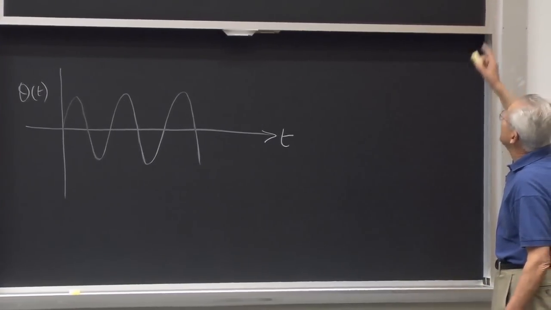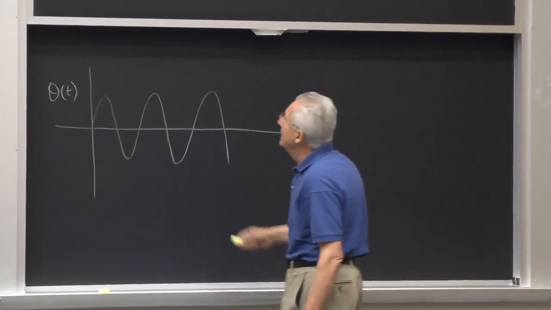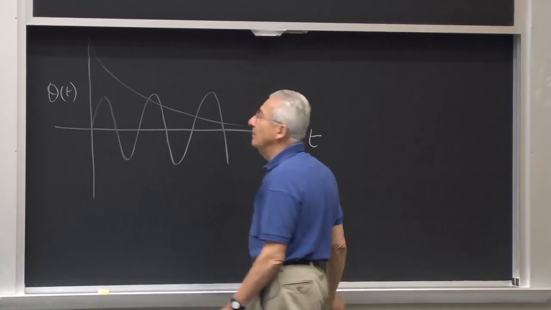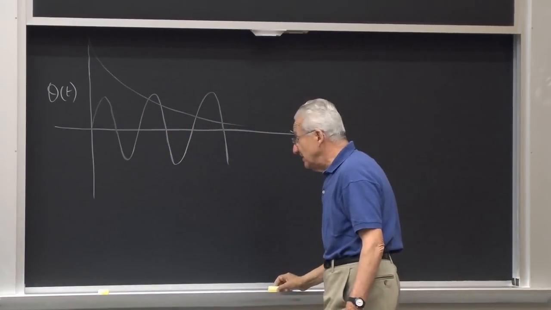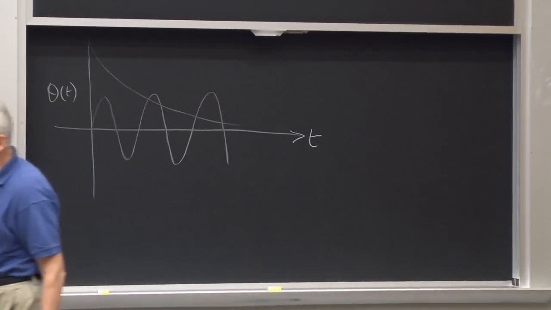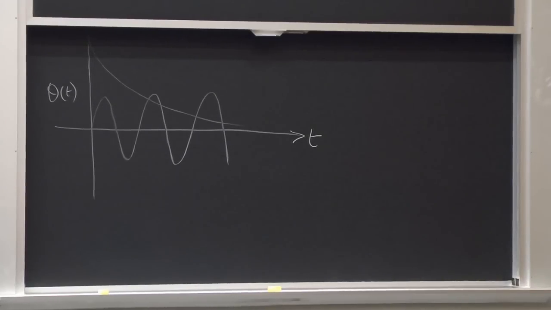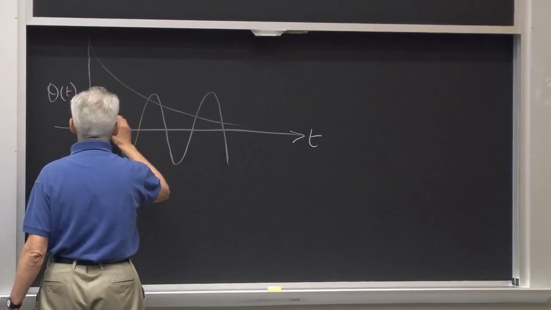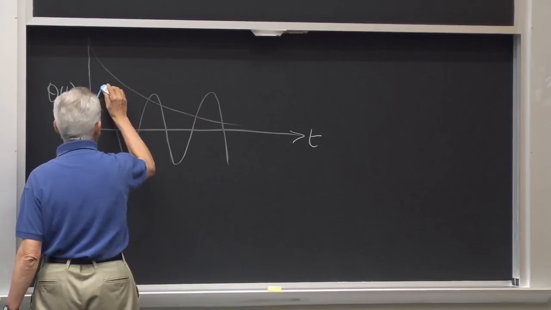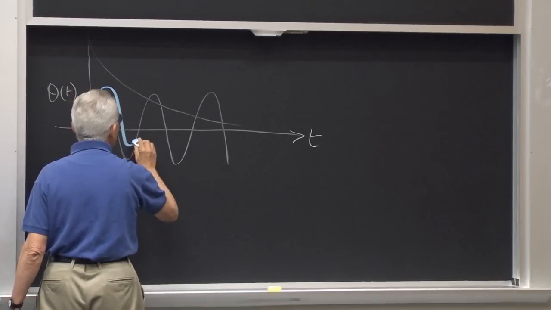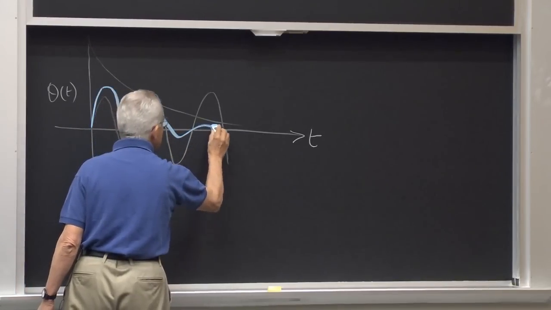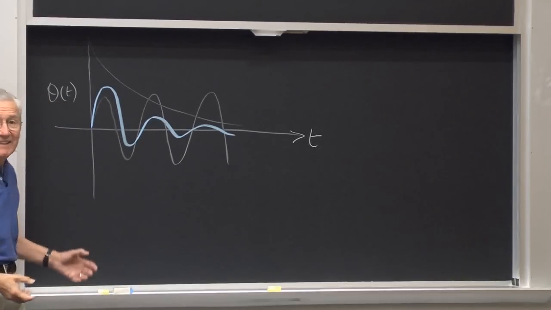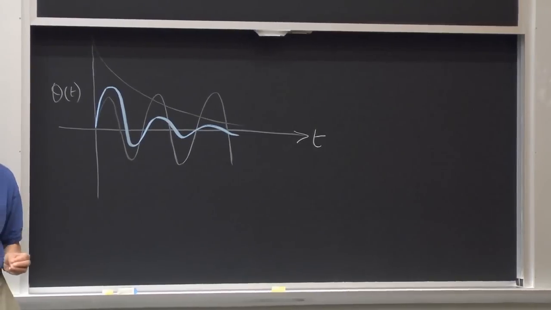But this function is multiplied by an exponential like this, which is dropping. So the net result, and excuse my sloppy drawing, is this modulated by that. So it'll be something like this. Okay? So what we get is damped harmonic oscillation.